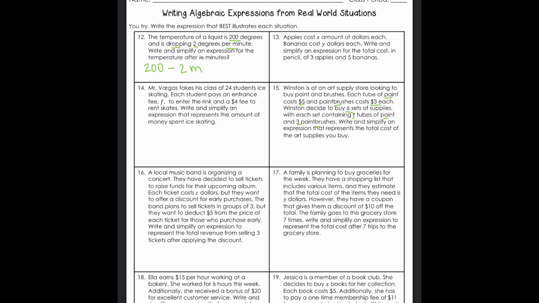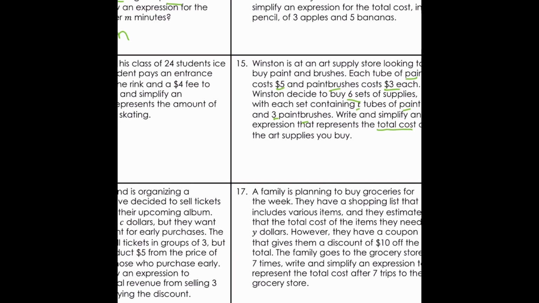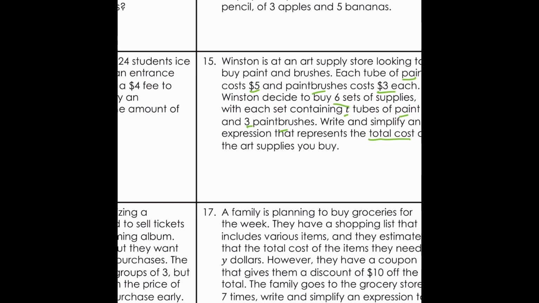Okay, so first I have some pre-work that I need to do, or you could just do it all in one expression. So I'm going to come out over here under number 14 so I don't run out of room under number 15. Okay, so it says that the paintbrushes are $3 each here.